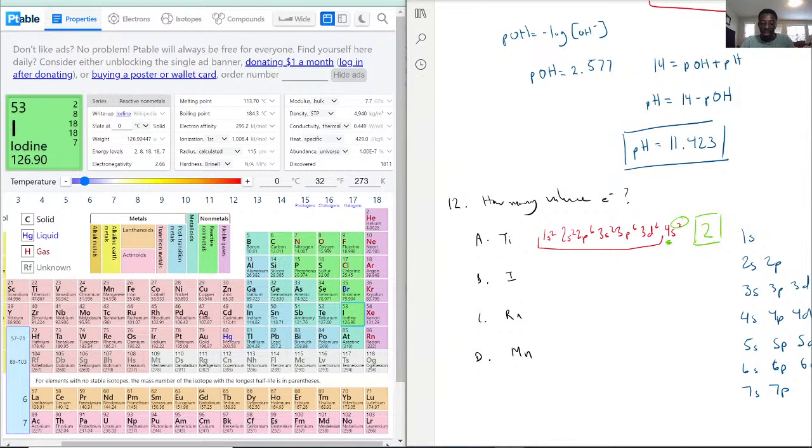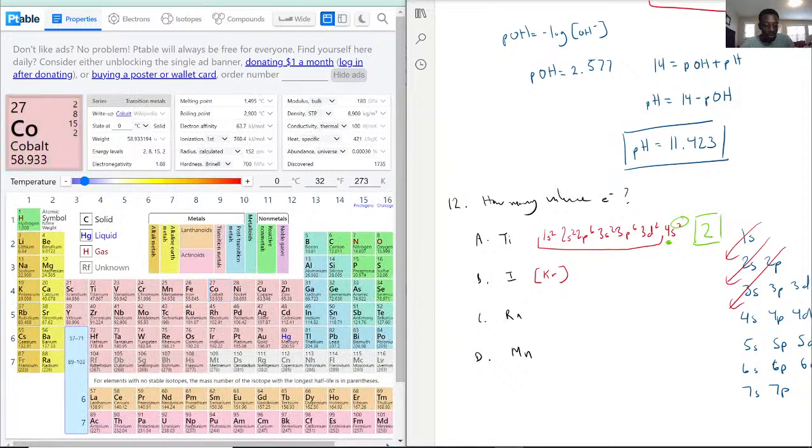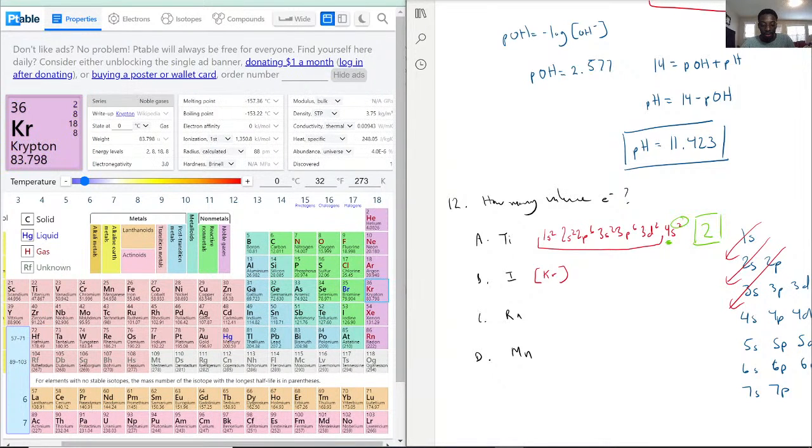So with that being said, the noble gas notation, okay, we actually start with krypton, because that's the previous noble gas, and what krypton has effectively said is that we're actually going to cancel all the way from, because iodine is actually on the 5th row, so we're going to actually finish every 4.